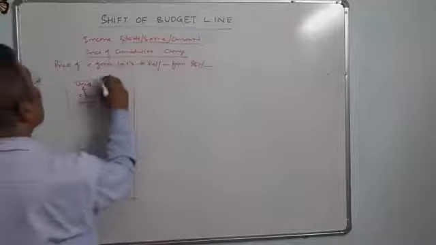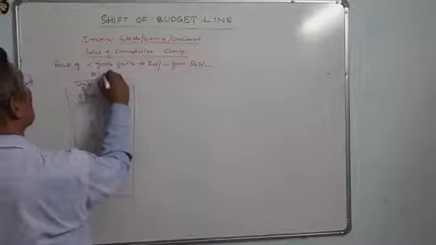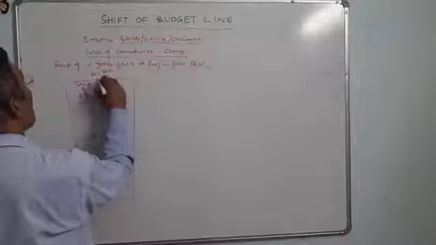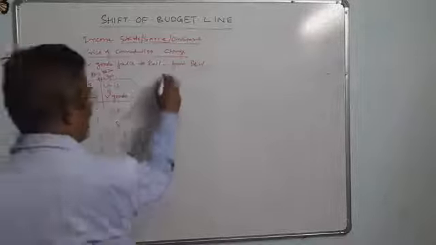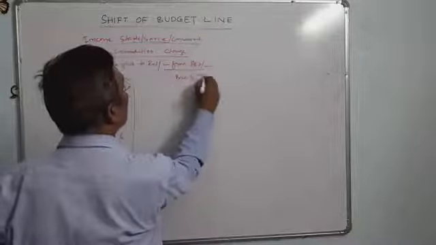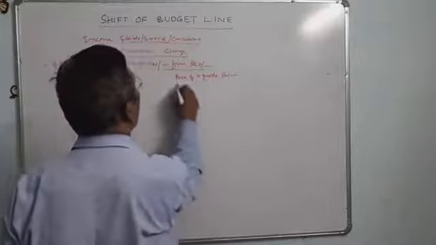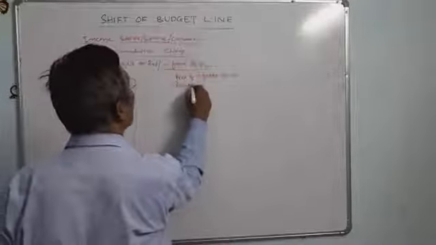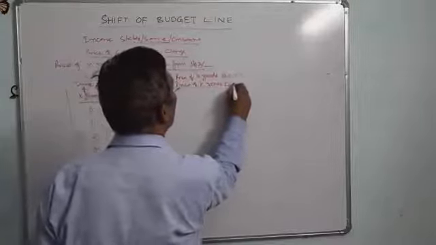This is when the price of X goods is rupees 2 and the price of Y goods is rupee 1. But here is the case when the price of X goods is rupee 1 and the price of Y goods is also rupee 1.